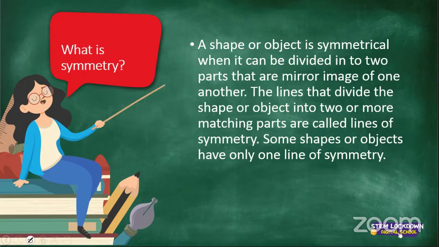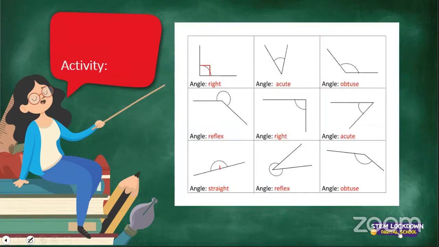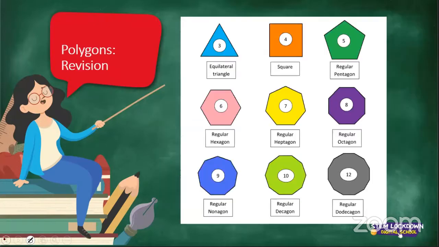For example, before I take you to what symmetry is, I'll show it to you here. So this triangle doesn't only have one line of symmetry. It has one line here, one line here, and one line here. It has three lines of symmetry.